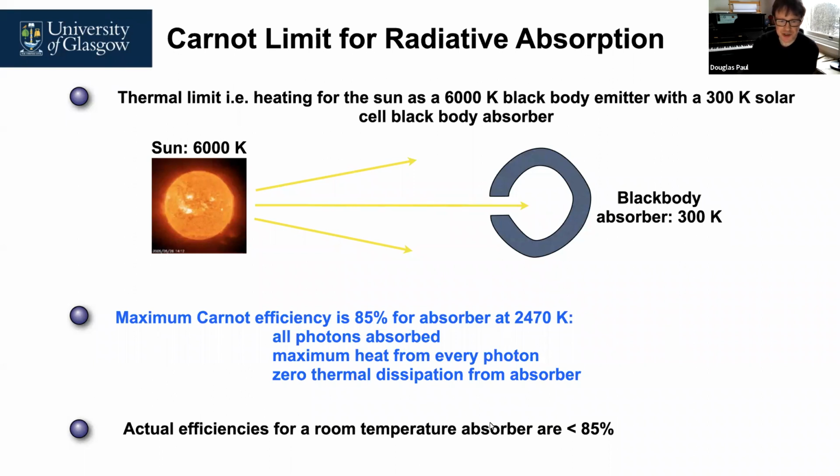So the actual efficiencies we're going to see are going to be less than 85%. So this is a number to remember throughout this lecture. When we talk about how efficient the different systems are, you can see how many are quite close to 85% efficiency and how many are very far away from that and perhaps have opportunity to be improved.